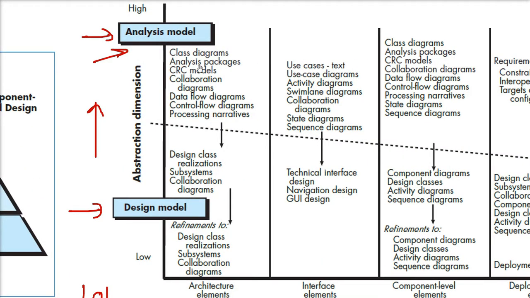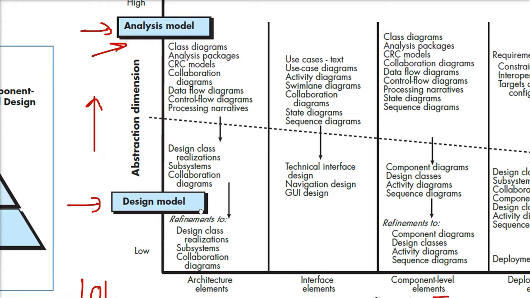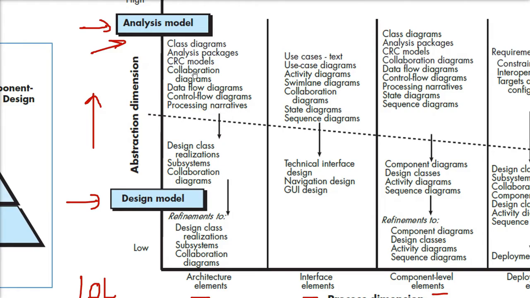If you want to develop the architectural elements in the design, you have to take the input from the class diagram, analysis package, CRC, collaboration diagram, DFD, control flow diagrams and the processing narratives. And then you do the refinements. This refinement is whatever you have got from requirement engineering, you are making it in the architectural element. I hope you got the idea.